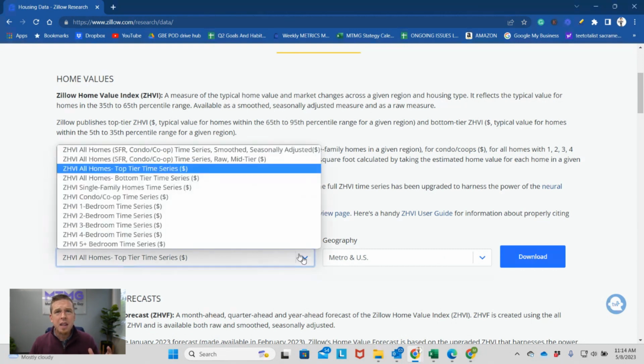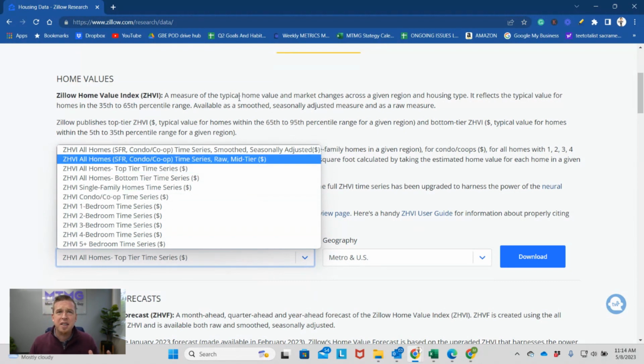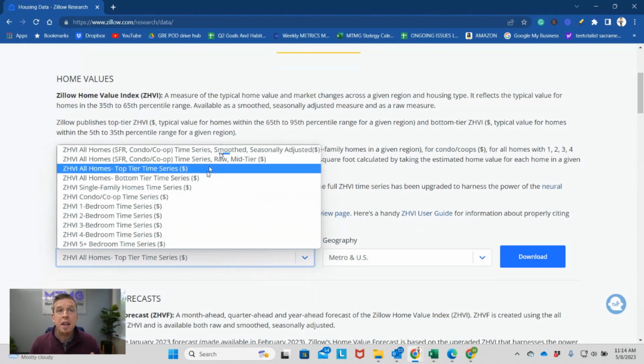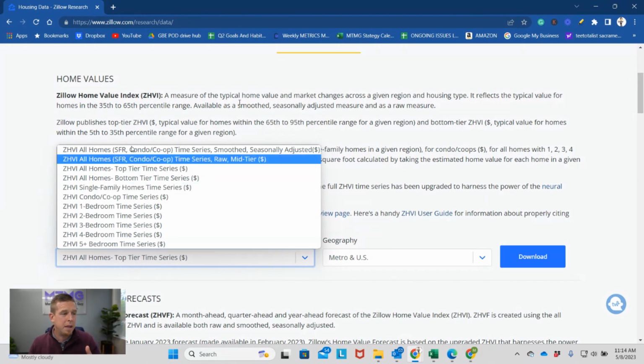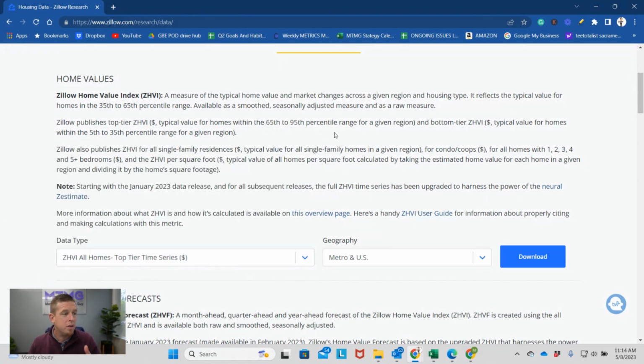They've got seasonally adjusted data. They've got raw data. You can pull what they call top tier, the 65th to 95th percentile range for a given region, and then bottom tier. It explains on the site what top tier and bottom tier are.